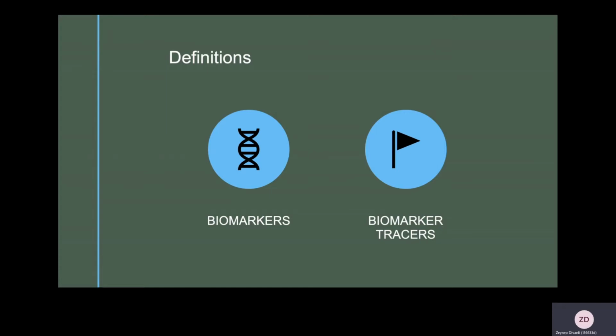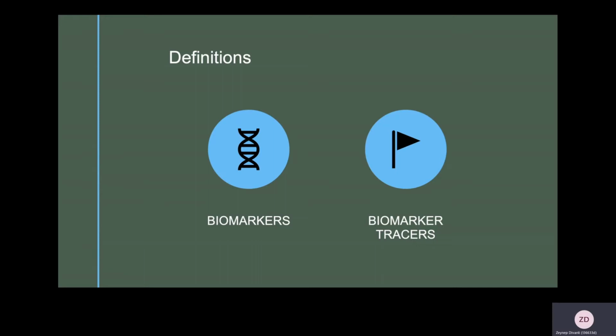A biomarker tracer is a substance introduced into a biological state or other system so that its subsequent distribution may be readily followed from its color, radioactivity, or other distinctive properties.